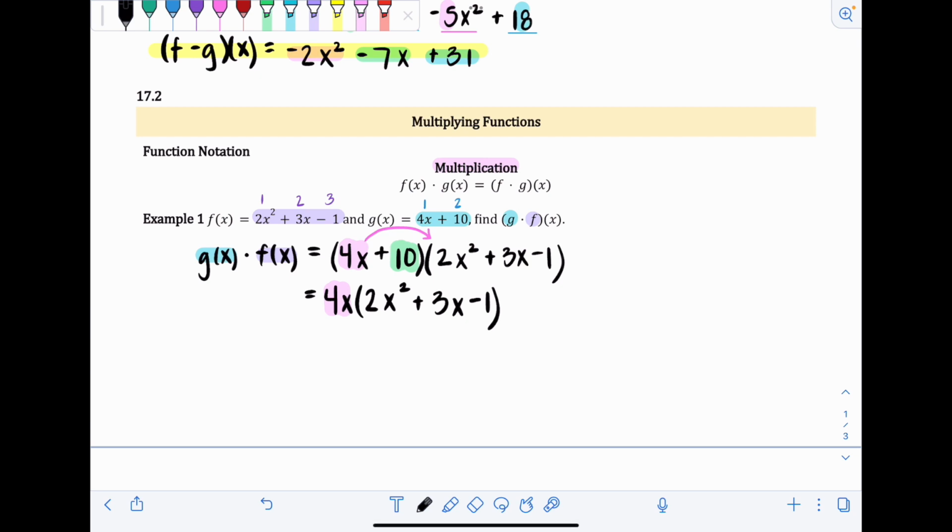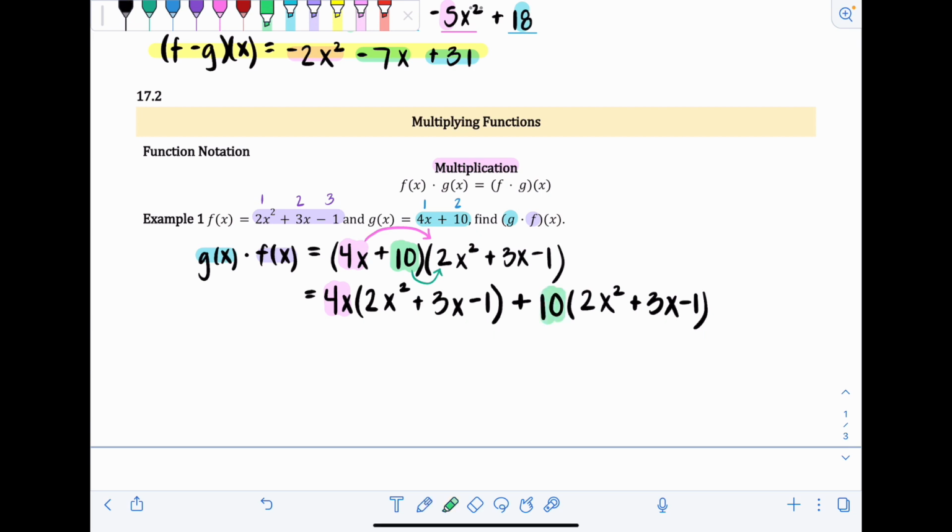So I took that 4x and distributed it by everything in that second parentheses. Now I'm going to do the same thing with the 10, the second term in the first parentheses. Since that was a plus 10, I'll do plus 10, and it multiplies by everything in that second parentheses: 2x squared plus 3x minus 1.